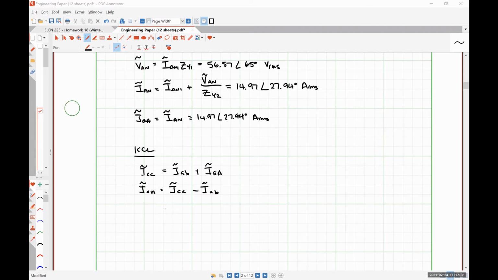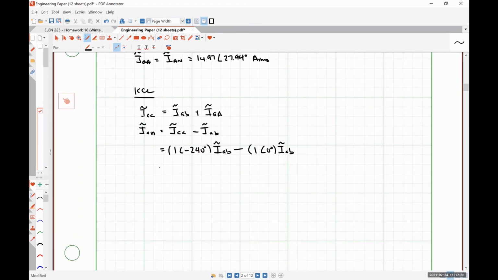So this is one angle negative 240 degrees times IAB minus one angle 0 degrees times IAB, which is IAB times one angle negative 240 minus one angle 0.